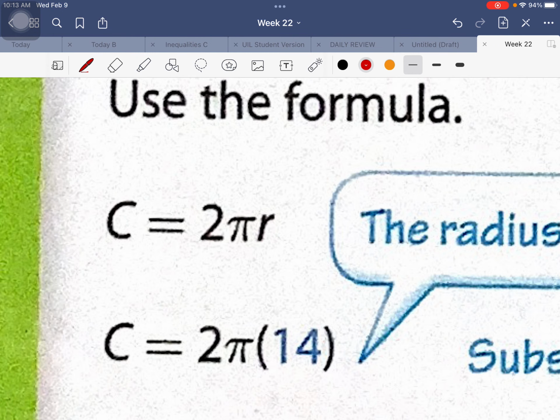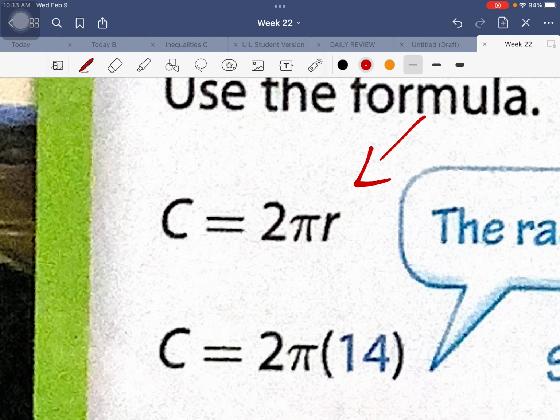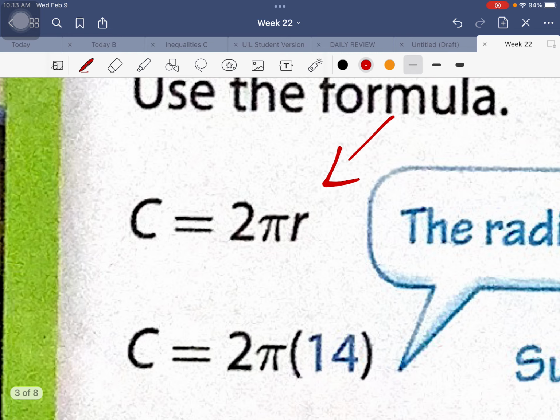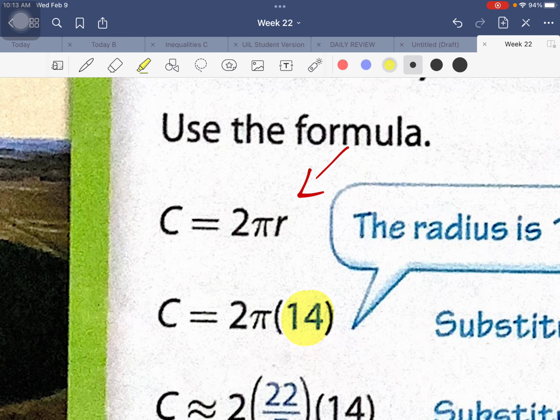Now, what are we going to do here? Instead of 2 pi r, what are we going to have? What are we going to put for the radius? 14.